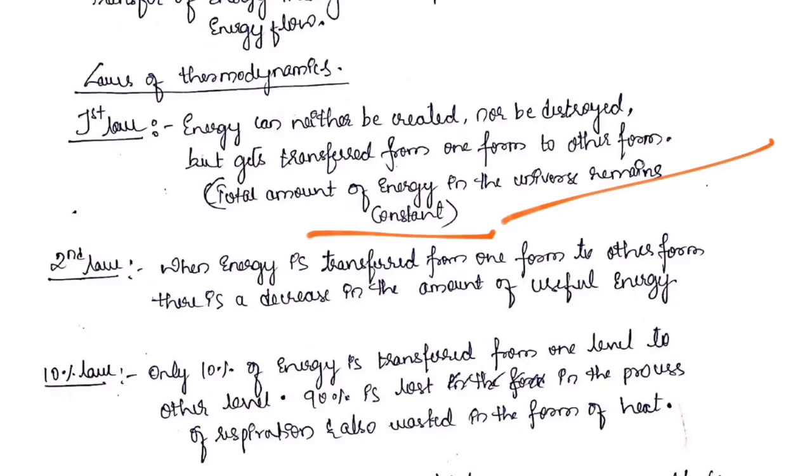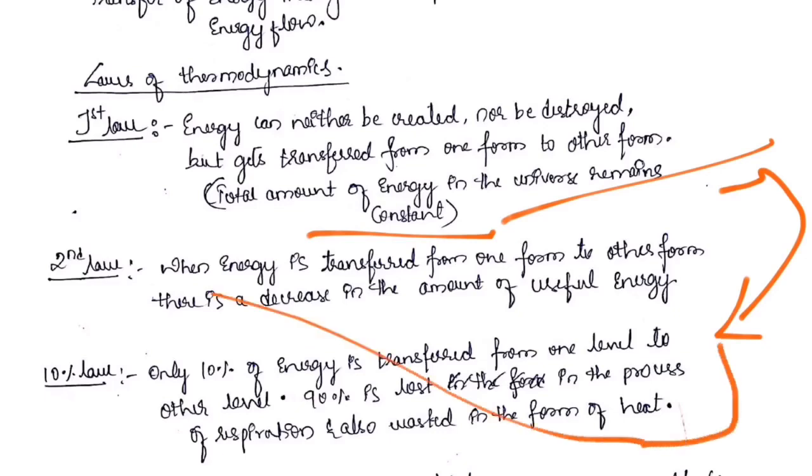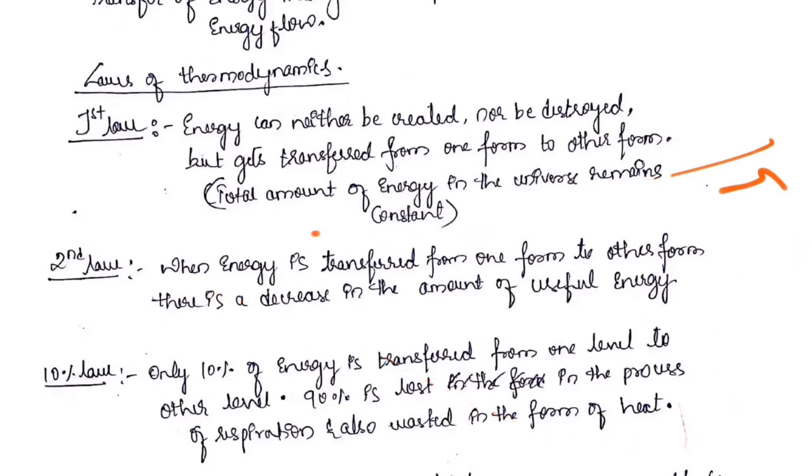This food is absorbed by the herbivores, that is primary consumers. Then the energy is transferred to secondary consumers, and from the secondary consumers to tertiary consumers. From tertiary consumers it comes back to the decomposers, and from the decomposers it comes back to the soil, and again it reaches nature. So the total amount of energy present within the universe remains constant. This is about the first law.